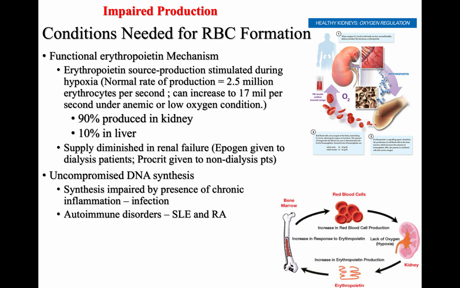mechanism of the medications. We also have a problem with red blood cell formation if we've got compromised DNA synthesis. Synthesis is impaired in the presence of chronic inflammation or infection, and autoimmune disorders such as lupus, that's systemic lupus erythematosus, or SLE, and rheumatoid arthritis.